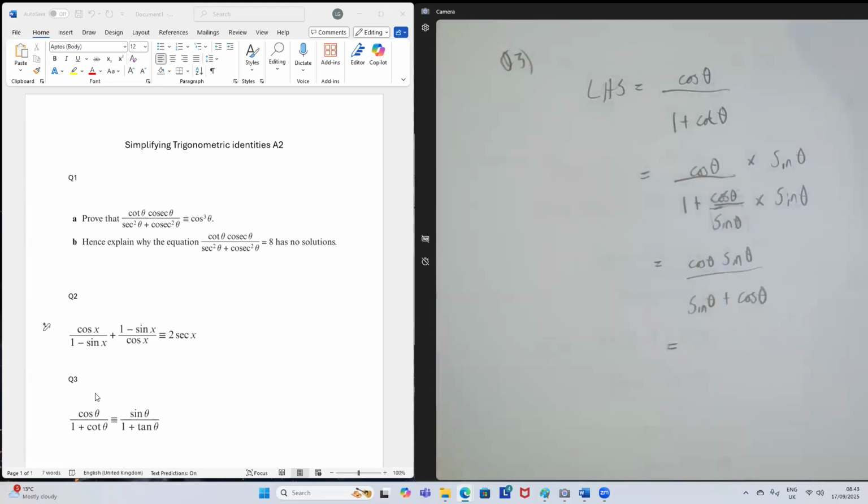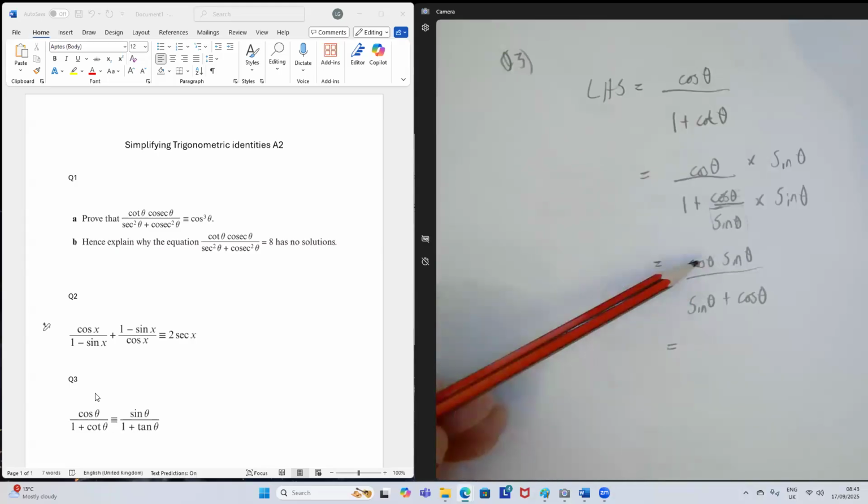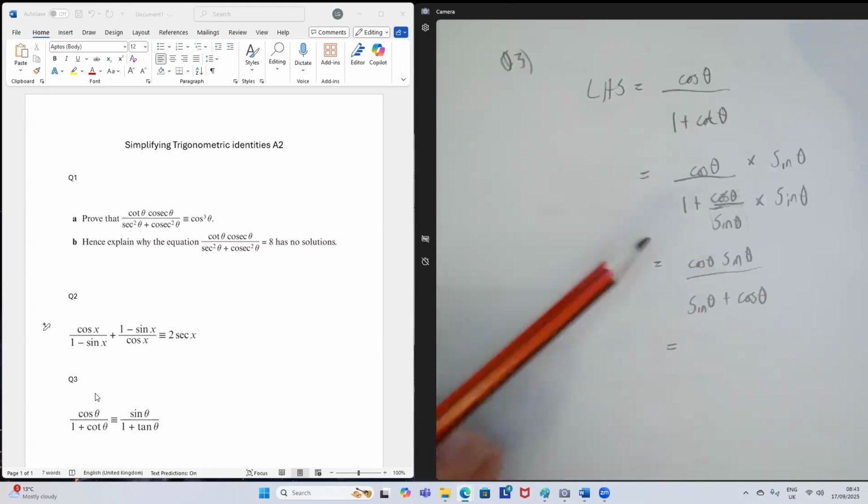So now we can have a look at what we're aiming for. And how does this compare to what we're aiming for? Well, it's kind of like getting there. Notice that we've just got a sine in the numerator of what we're aiming for, and we've got sine cos. So we're going to divide every single term by cos.